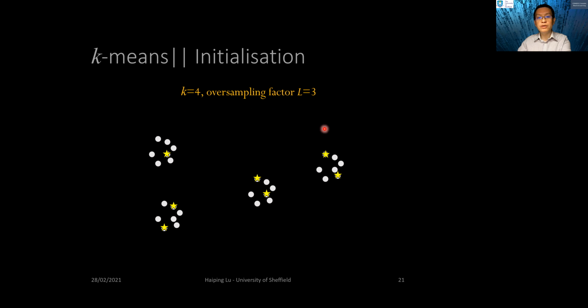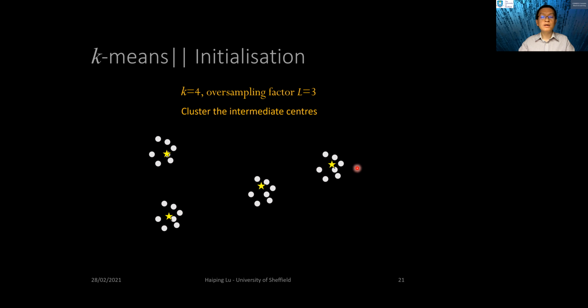They will cluster these 7 points using k-means plus plus. Because you have only 7 points, it's much faster to iterate through those points, and then you can quickly cluster them to have 4 centroids.